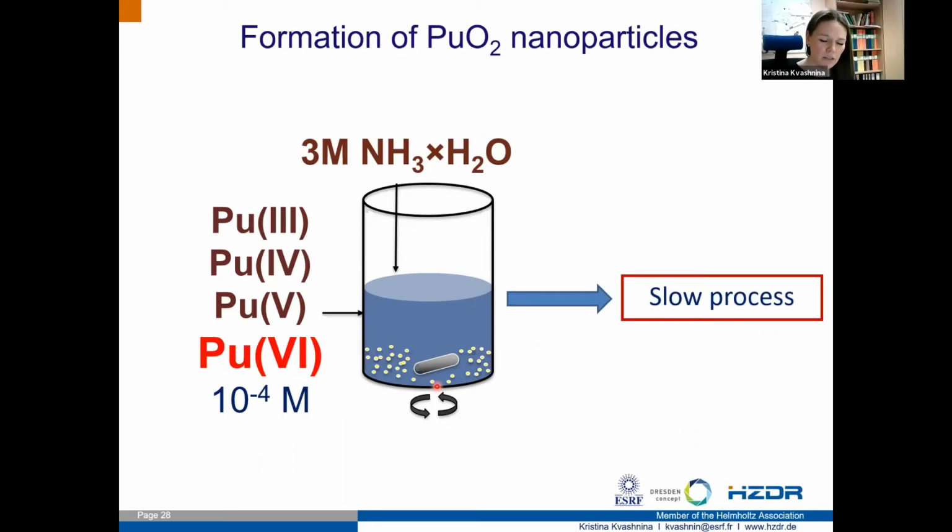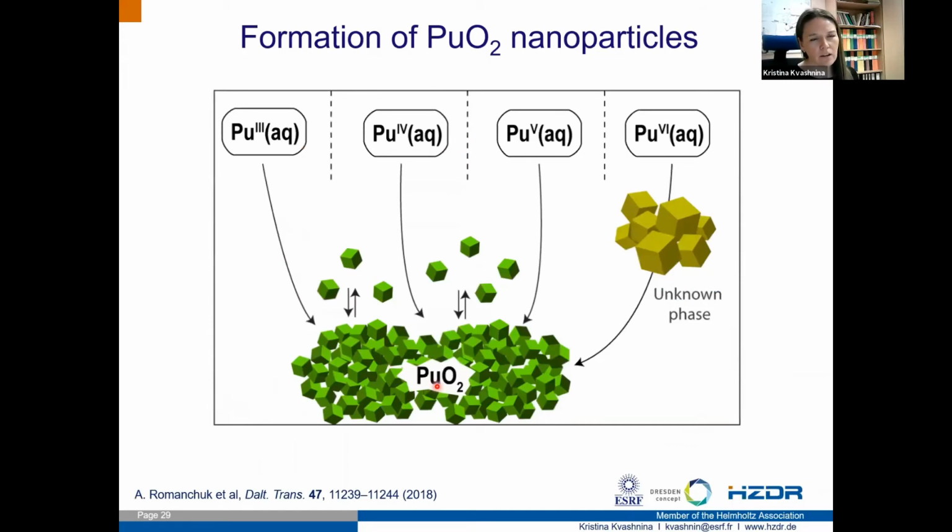And in fact, just by looking at the color over all these months, as the chemistry takes place, you realize that formation of nanoparticles goes through formation of some kind of additional phase, which we didn't see in any other case when we started from plutonium 3, 4, and 5. And that was pretty interesting.